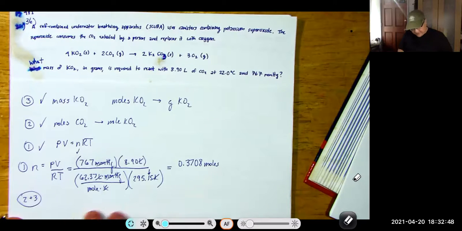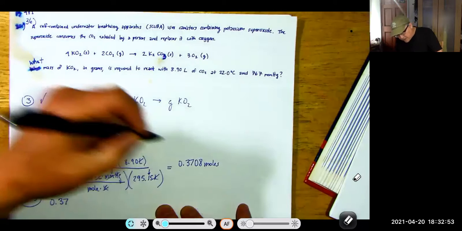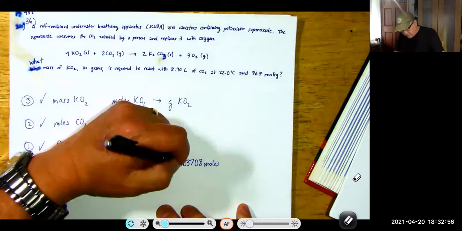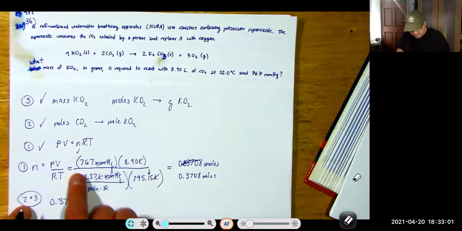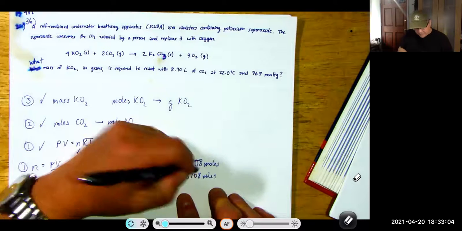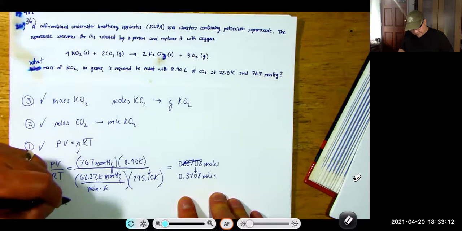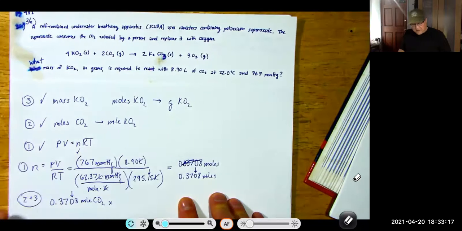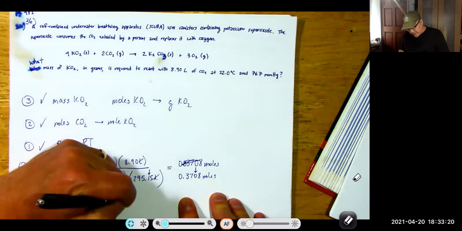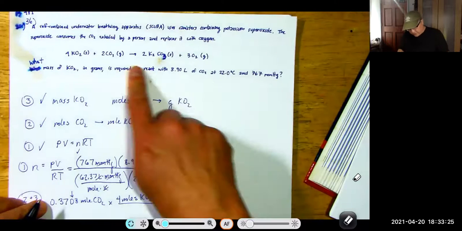Yeah, and if we do 2 and 3 together, we've got 0.3708 moles. And here I'm going to put a little arrow because this is good to 3 sig figs, 4 and 3, I should say. So I'm going to do this: moles of CO2 times 4 moles of the superoxide per, according to this, 2 moles of CO2.